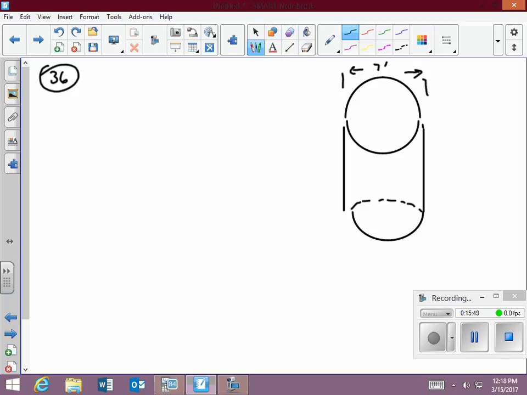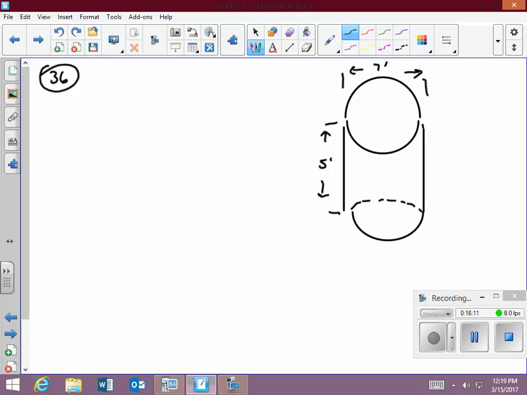And then it's 5 feet high, so from here to there, it's 5 feet. And being it says it's a tank, I'm assuming it has top and bottom, it needs to be covered.